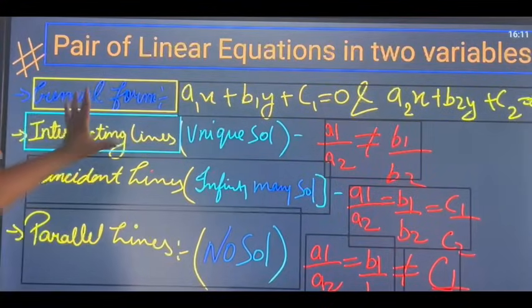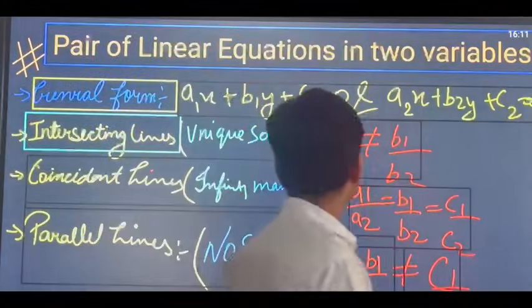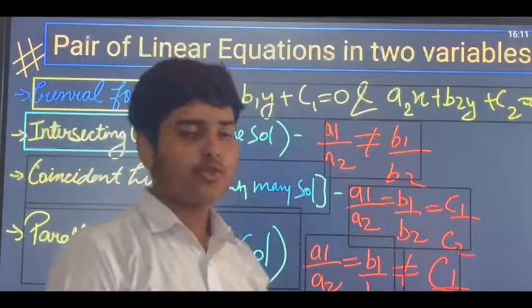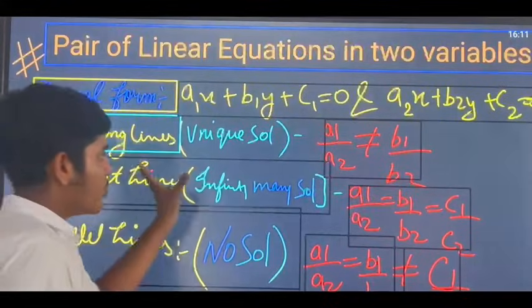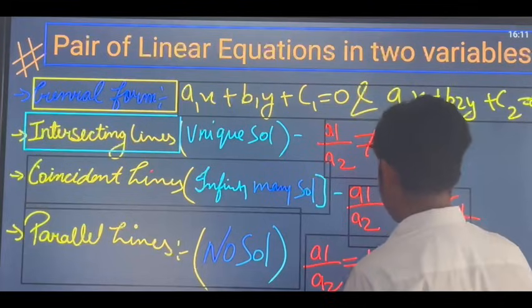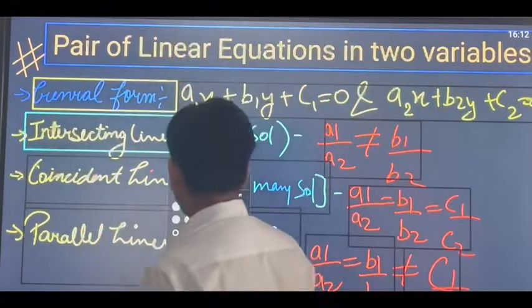First, the general form: a1x plus b1y plus c1 is equal to 0, and a2x plus b2y plus c2 is equal to 0. Intersecting line: unique solution, where a1 upon a2 is not equal to b1 upon b2.